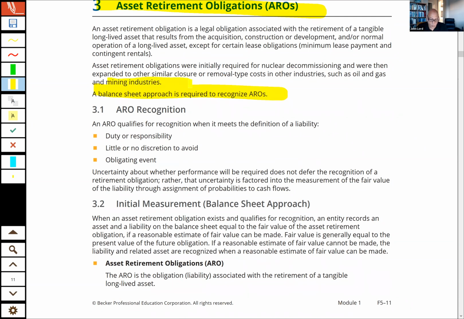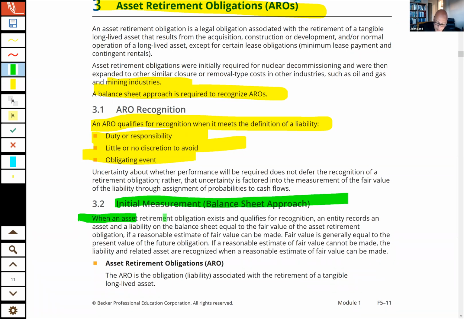Okay, now we take a balance sheet approach. And in this balance sheet approach, we will go ahead and set up our liability. We have little or no discretion to avoid, and an obligating event has occurred. I'm pulling the coal out of the ground to get whatever, right? Okay, good. So let's just take a look.